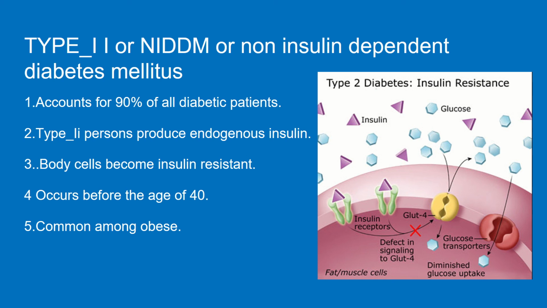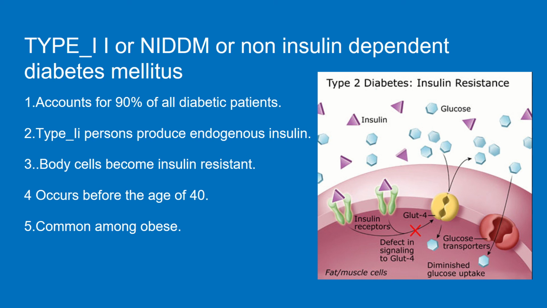The type 2 persons produce endogenous insulin. Endogenous means their pancreas produces insulin, but their body cells do not respond to insulin to open the pores of the plasma membrane for glucose molecules to enter into the cells. The body cells become insulin resistant.